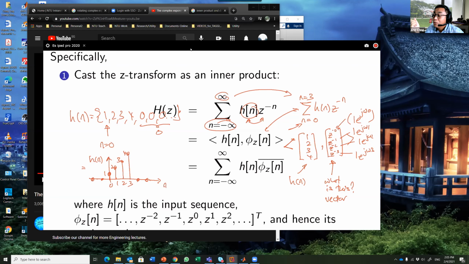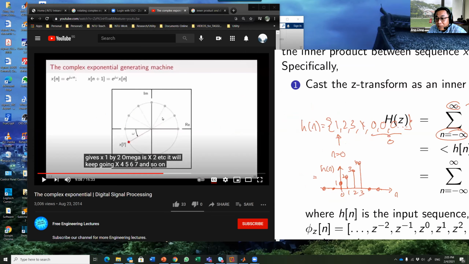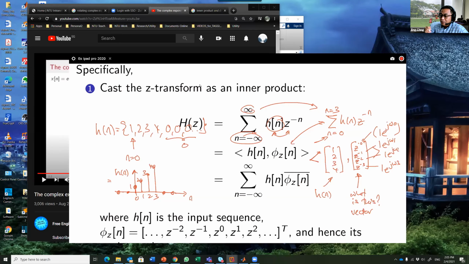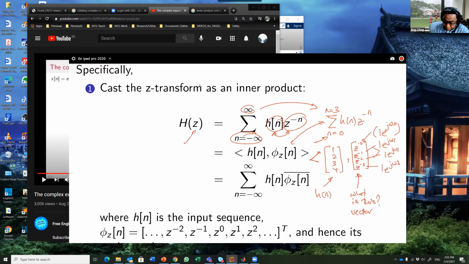Well, omega is up to you, right? You decide which omega. Then you realize that by generating different omega, you are spinning along this circle at different speed. Okay? And when you spin the circle at different speed, it is the angular frequency of this guy. How fast is he spinning? And when you reach this point, you have another interpretation. Let's say this is angular frequency.